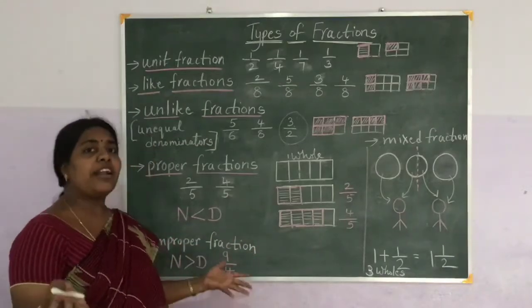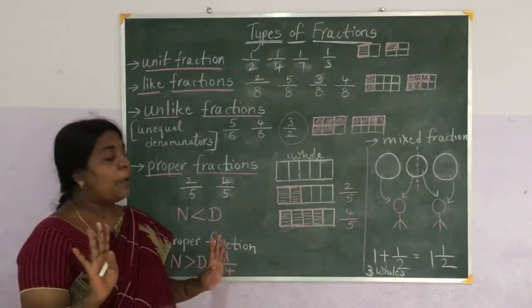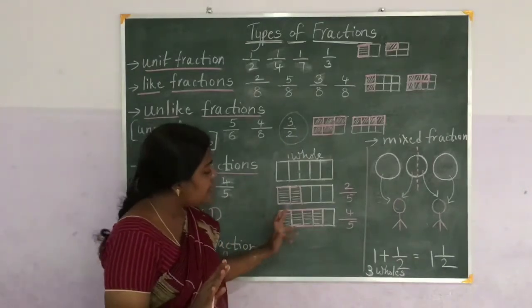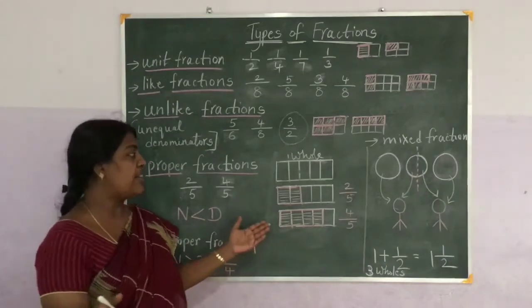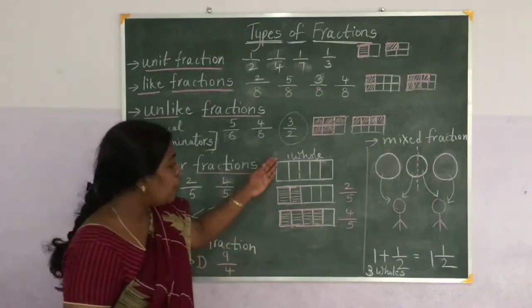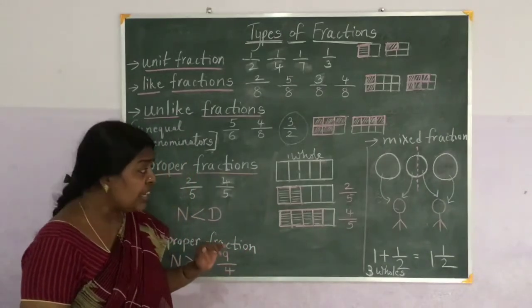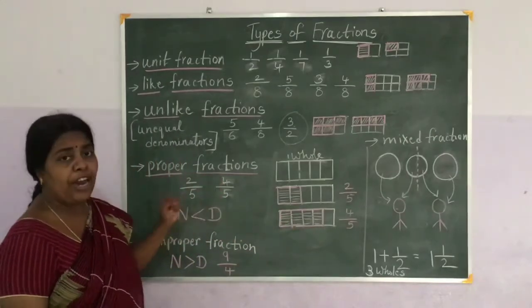The second is also divided into 5 equal parts, but I have eaten 2 parts. And this one is also divided into 5 equal parts, but here I have eaten 4. What do you observe here? Here, we take 2 by 5 and 4 by 5.